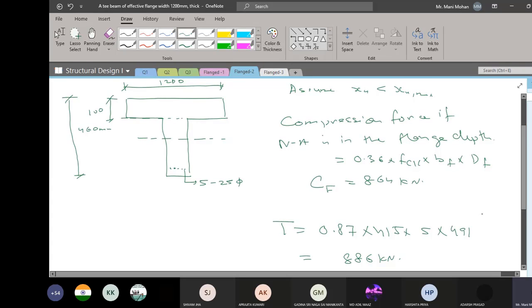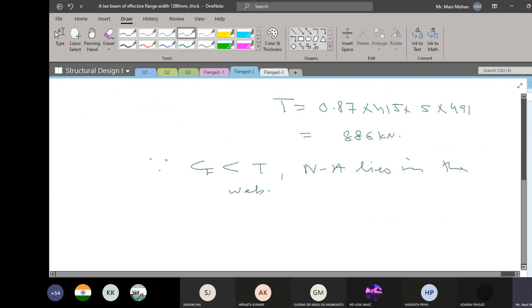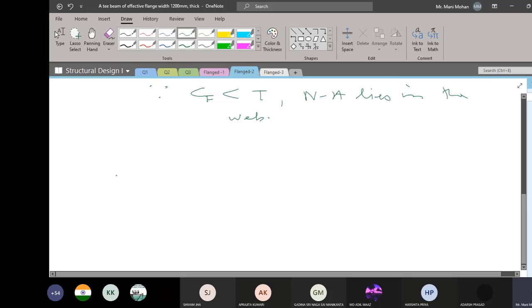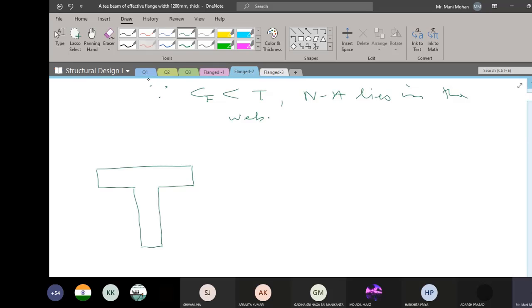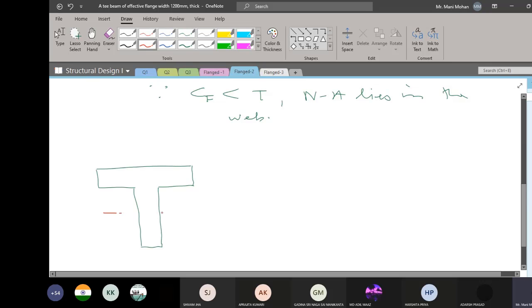What are the 2 more cases? If you recall, you have seen the content, or if you have read the book, what are the 2 cases which you are going to experience? So the neutral axis is somewhere over here, and this is your reinforcement.